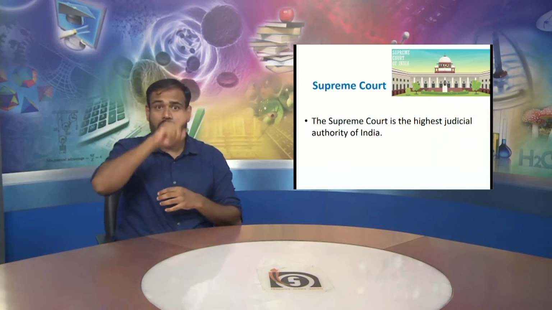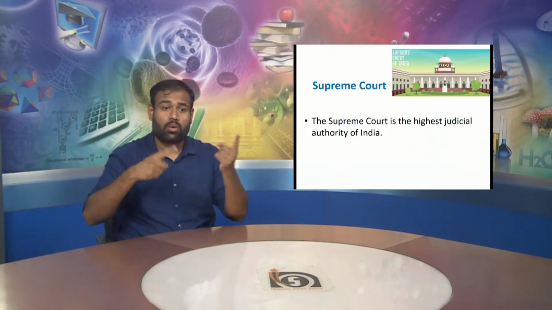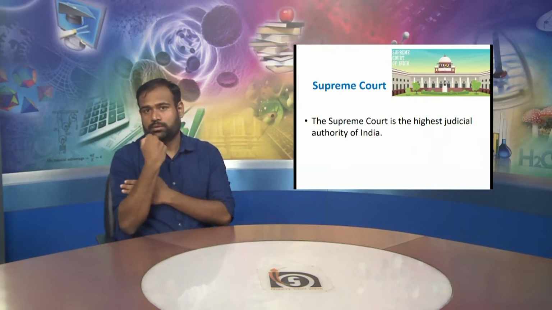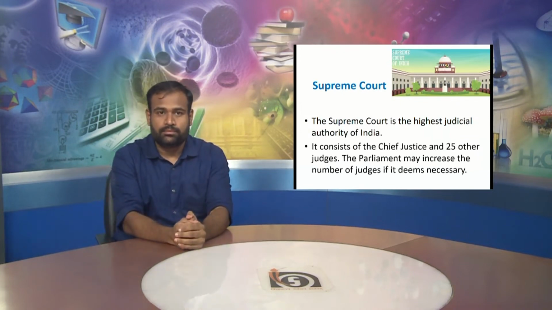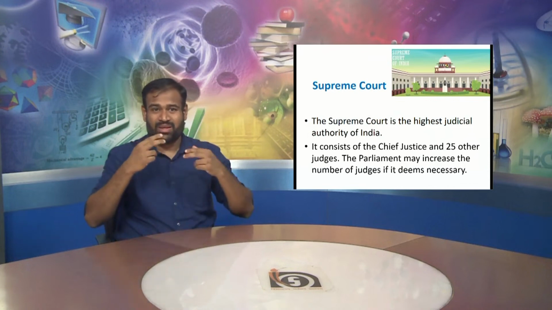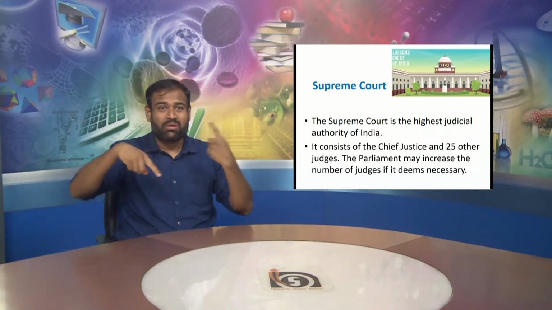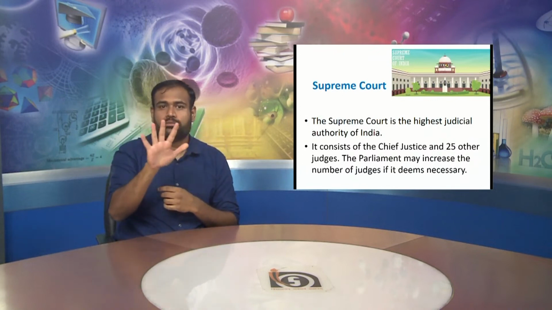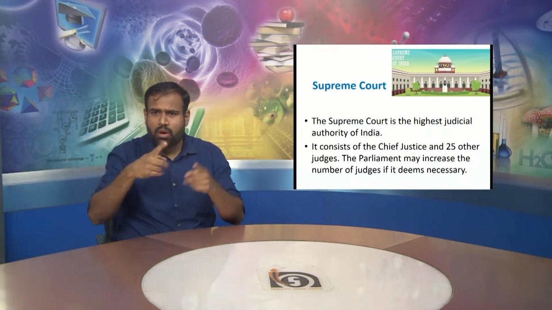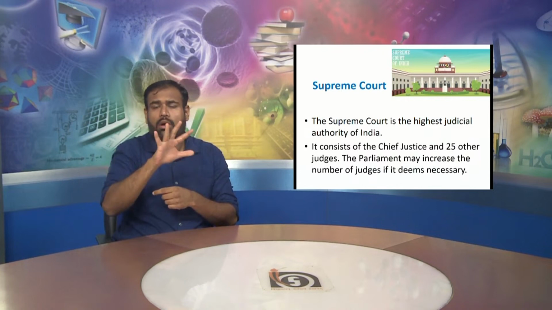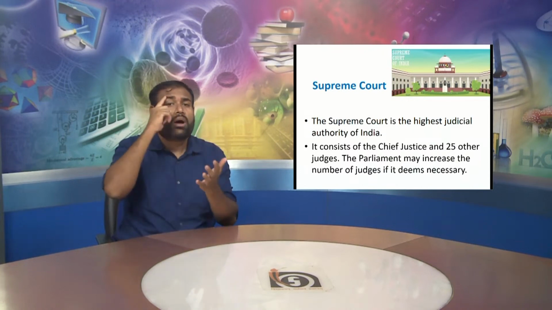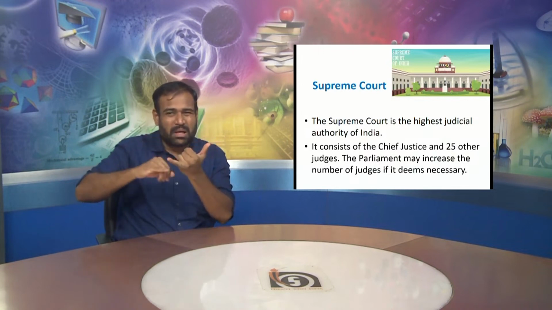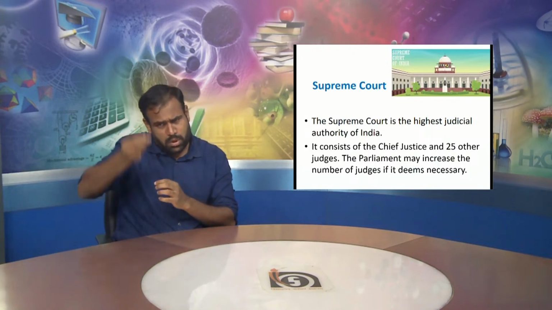We know that Supreme Court is the highest judicial authority of India. And Supreme Court consists of the Chief Justice and 25 other judges. The Parliament may increase the number of judges if it deems necessary.